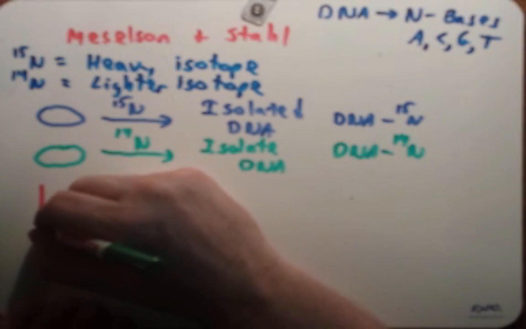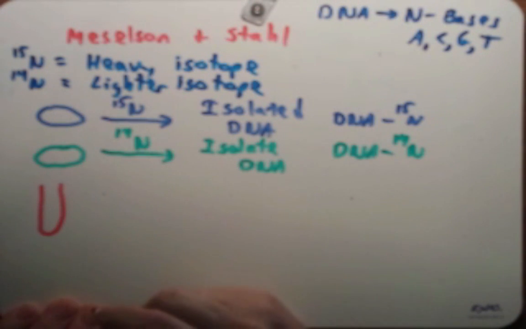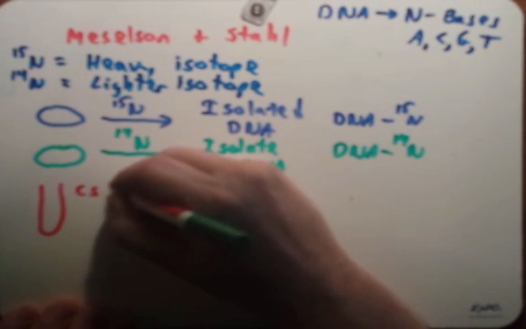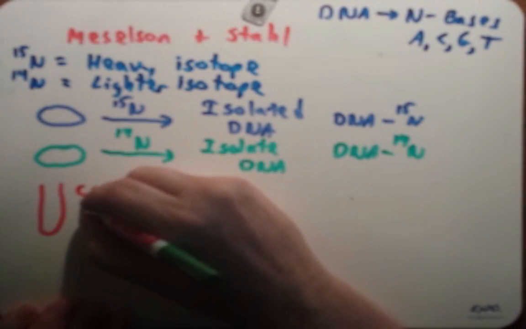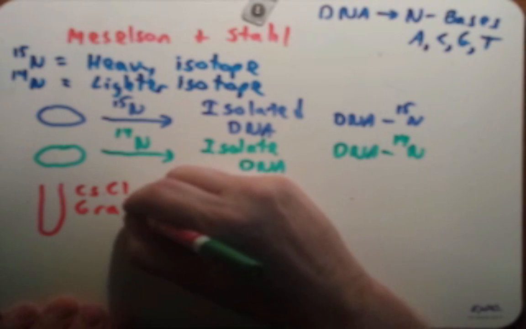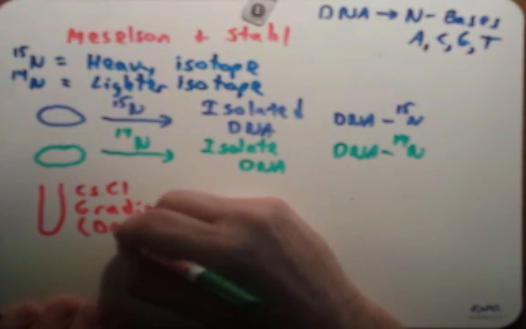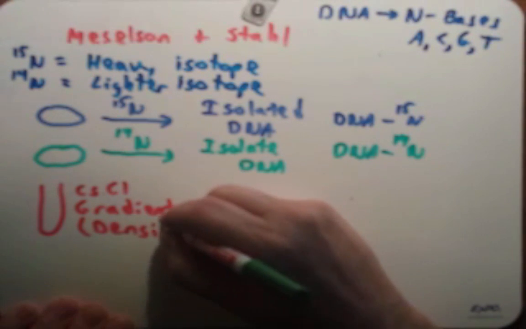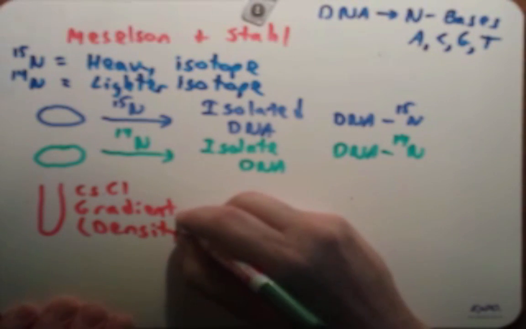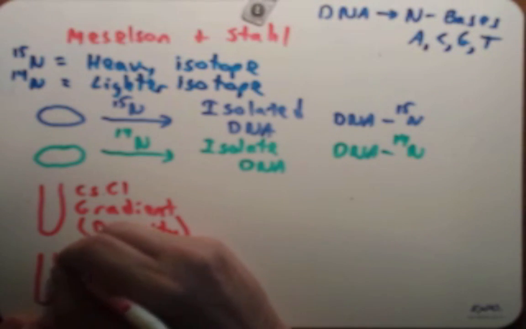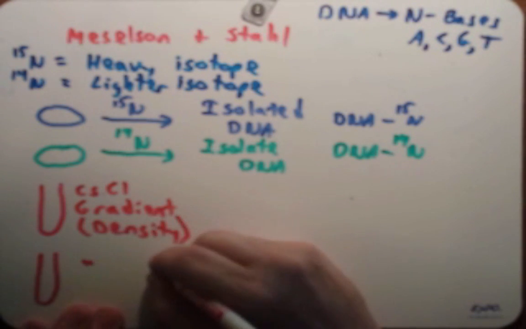What they would use is something called a cesium chloride gradient. And this allows molecules to settle at their density. So if we took 2 of these here, both of these are still cesium chloride gradients.